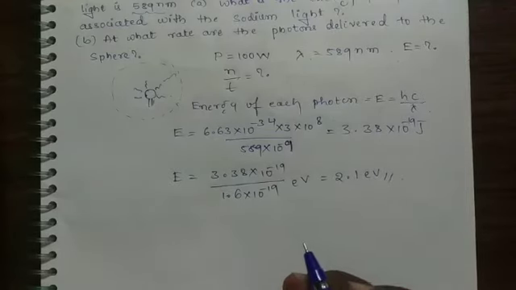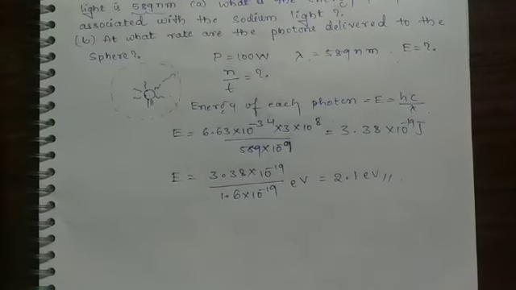Next we want to calculate the rate of production of photons. It means the rate at which photons are delivered to the sphere.